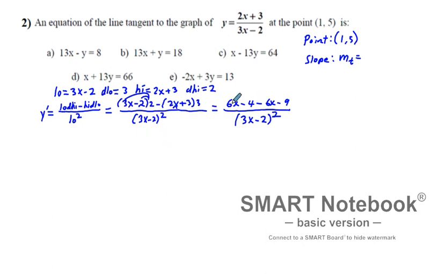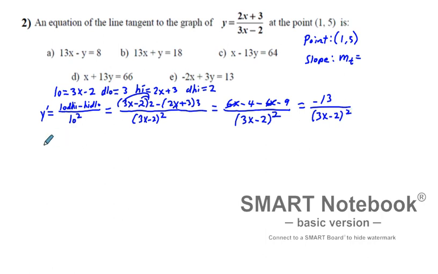But anyway, let's go ahead and simplify this out. We have 6x minus 6x will cancel each other. And then we're going to be left with negative 4 minus 9, so we'll get negative 13 over (3x minus 2) squared.